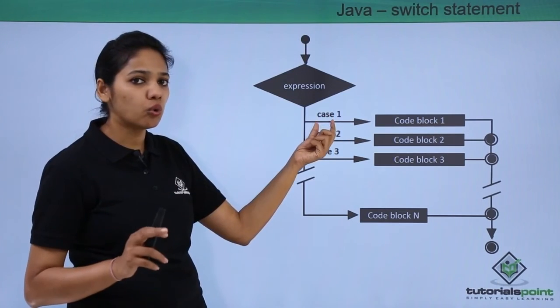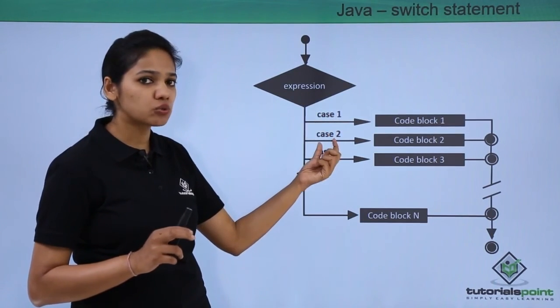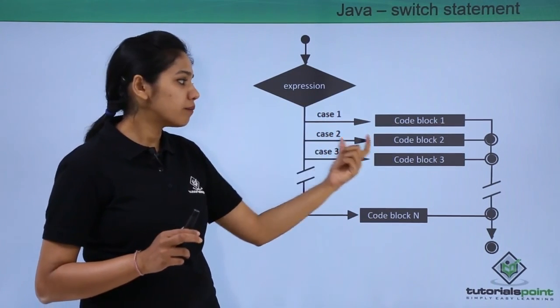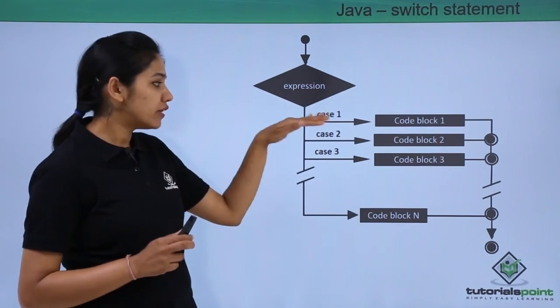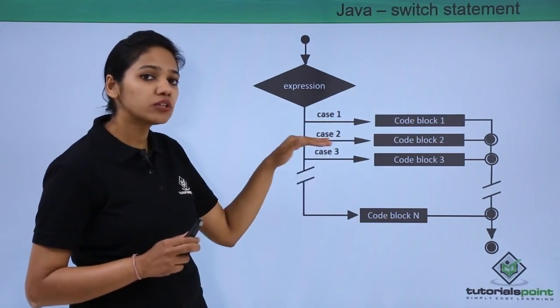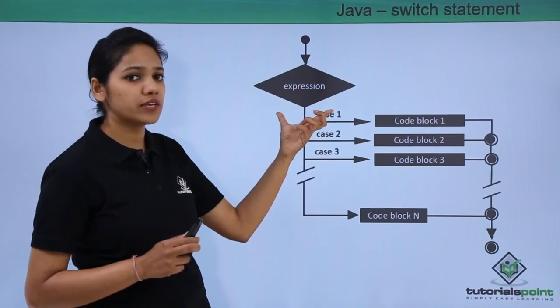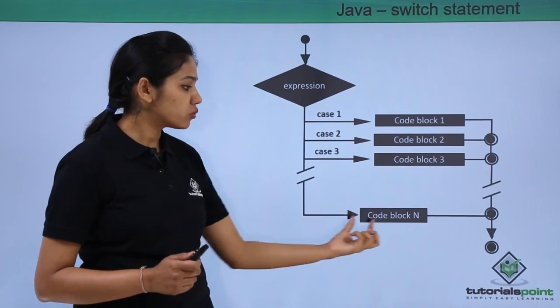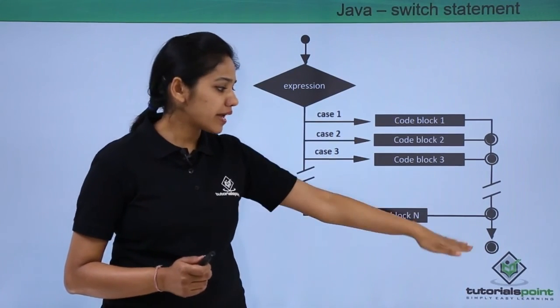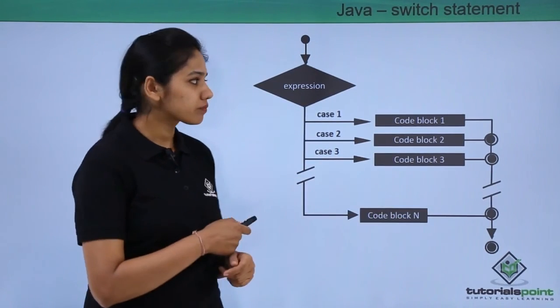Is it A? No. Therefore, it comes to case 2. Is it B? Yes. Please execute this block and then terminate. If none of the cases match your expression, then you come to your default, break and then execute.